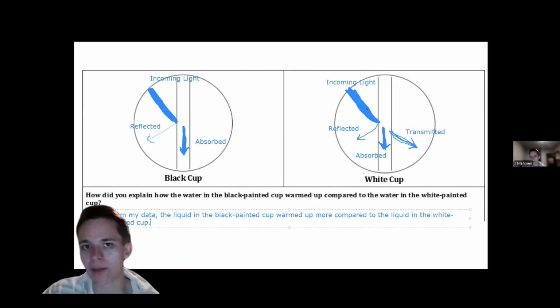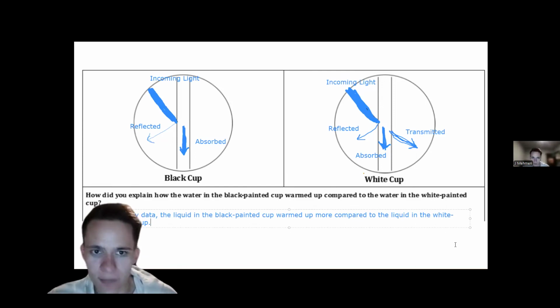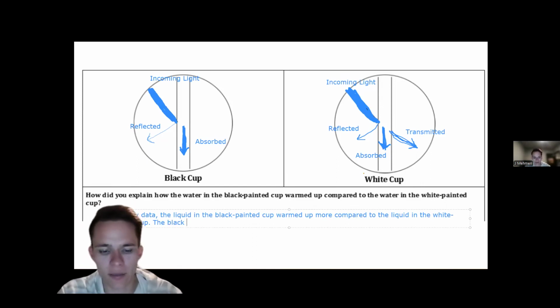Why might the liquid in the black cup be warming up more compared to the white cup? And I think it comes down to this idea of absorption. We're absorbing a lot more light in our black cup compared to the white cup. The white cup is also absorbing some of that light. It is transmitting some of that light. But ultimately, the black cup is absorbing most of the light.